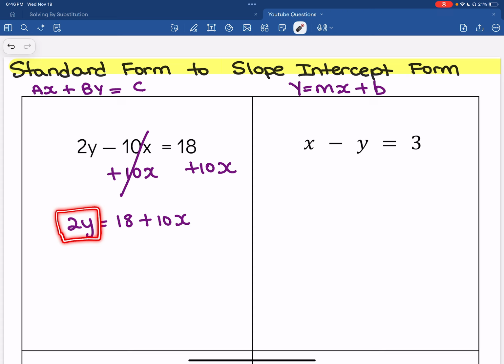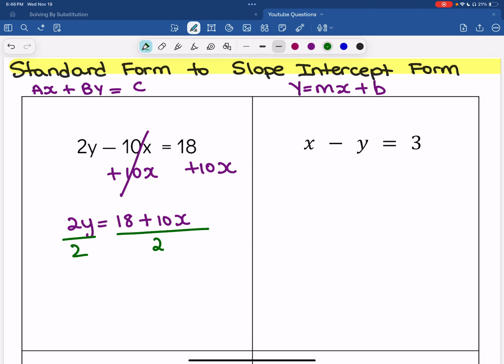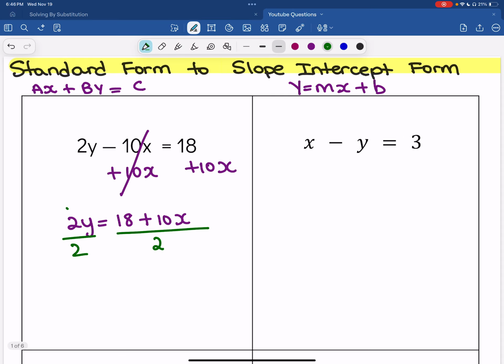So I need to finish solving for y by dividing both sides by the number that's in front of y, right? By the coefficient. So our coefficient here is 2. So I'm going to divide both sides by 2. 2y divided by 2, the 2's are going to just cancel out.